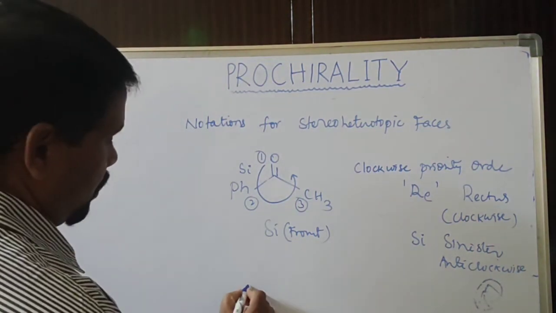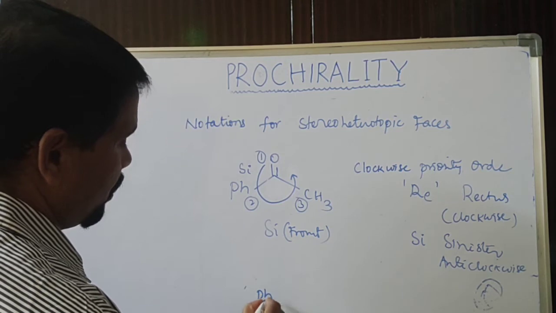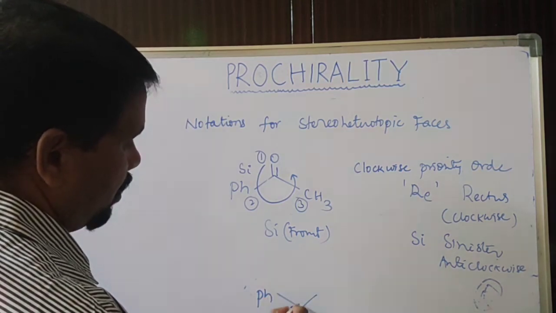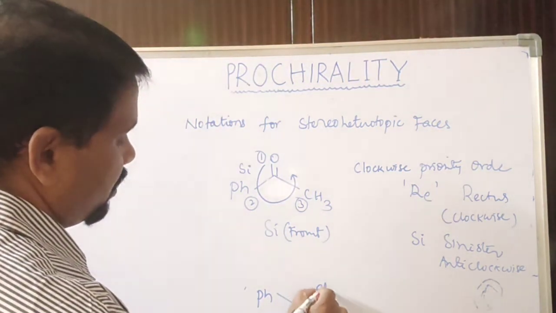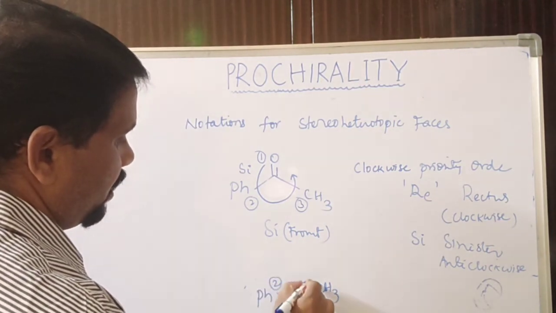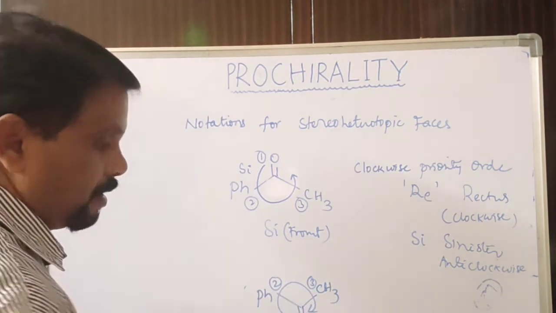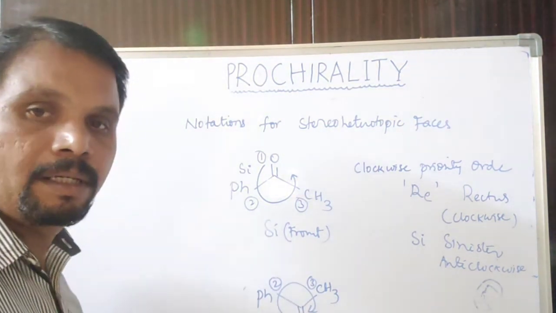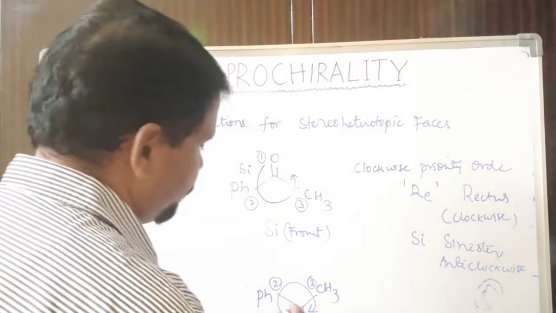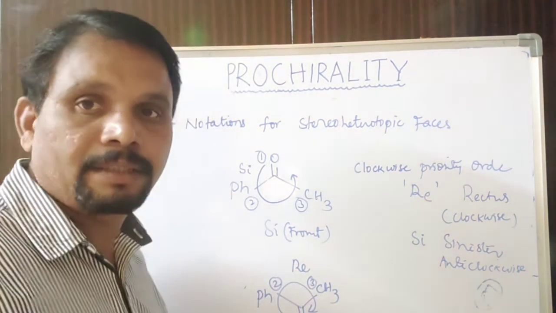Suppose I'll write this molecule as this, Ph, CH3. First priority, second priority, and third priority. So that means you can connect like this. So that means this is a Re phase, this is the back side.